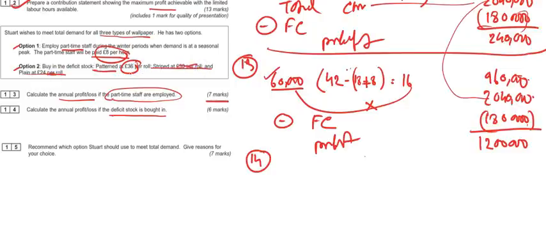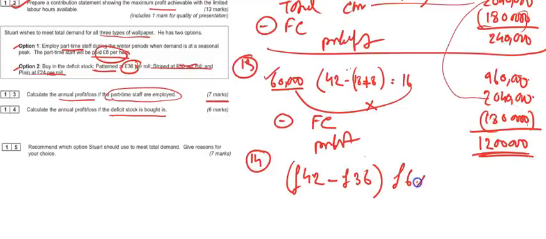All right, so you can buy it for 36 and you can sell it for £42. 42 minus 36, how much are you making? It says 6. Still better. £6 you can make, and if you sell 60,000 items, times by 60,000, you're going to make 360,000 contribution, and that's not bad.